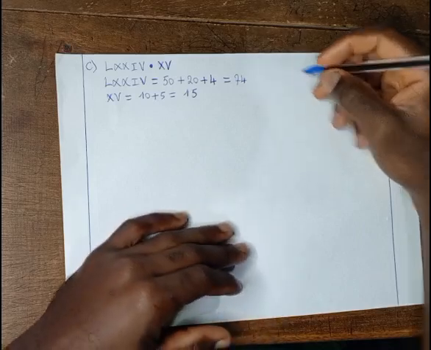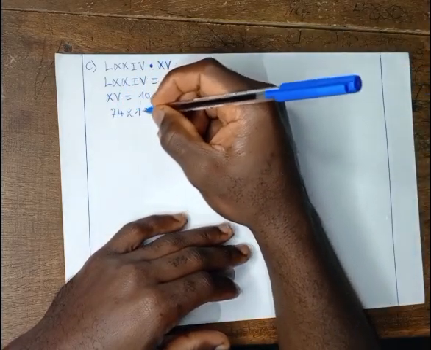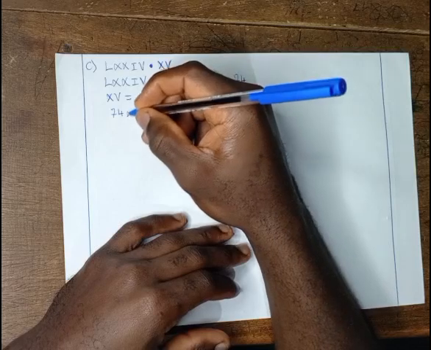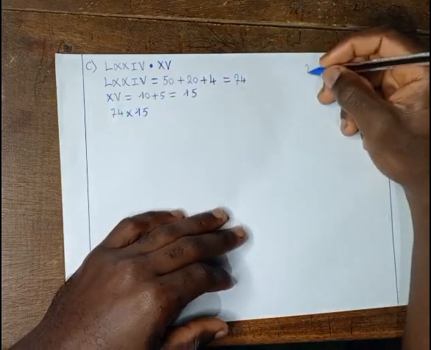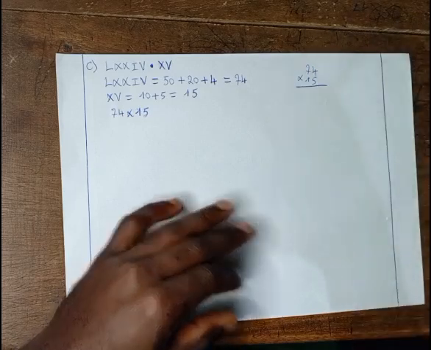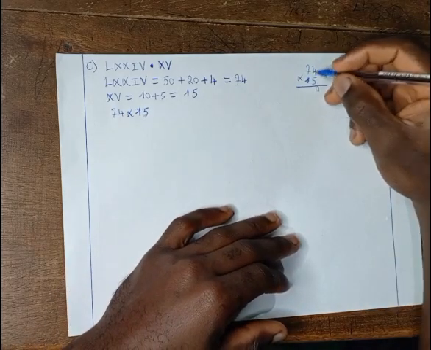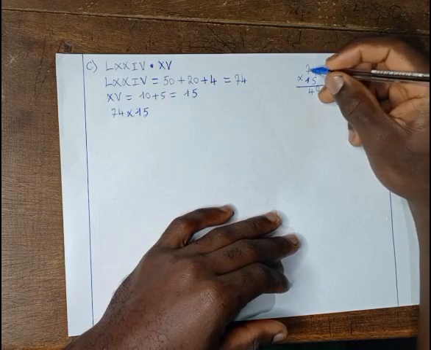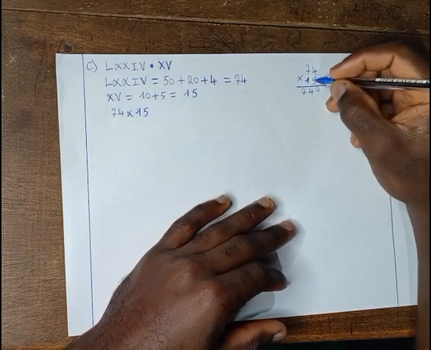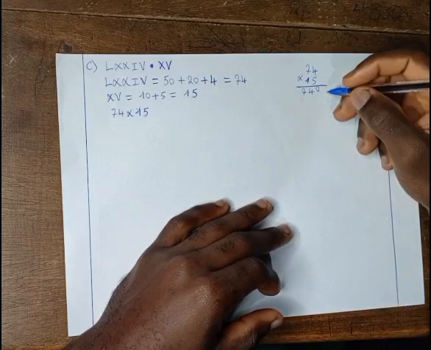We have to multiply the number 74 by 15. In this case, I can make use of an X for multiplication. So we have 74 times 15. If I start from 1, I'll fix a 0 here. 1 times 4 gives us 4. 1 times 7 gives us 7. If I go now to 5, 5 times 4 gives us 20.